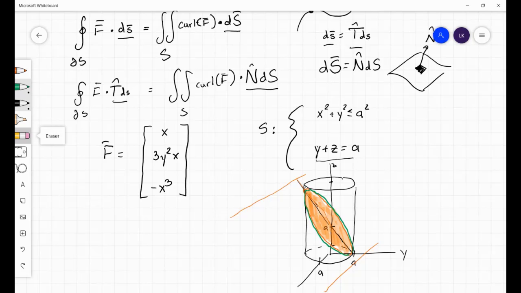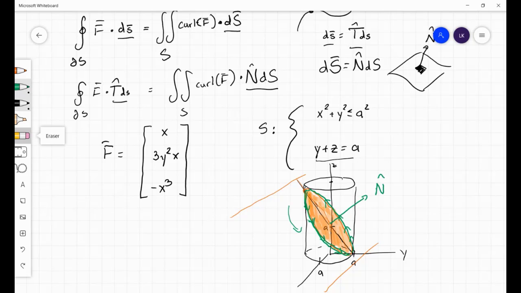Right. And suppose that we want to do the integral, so the orientation of the bounding curve is this way. So the unit normal, if you use your right-hand rule and curl your fingers in the direction of the orientation of the curve, your thumb would be pointing that way.